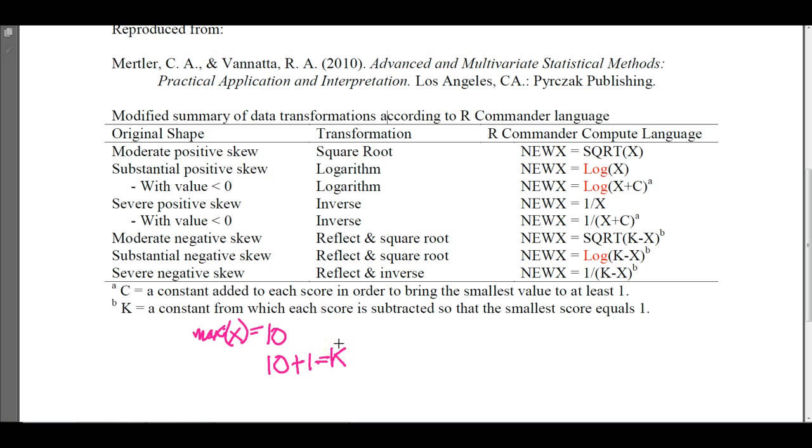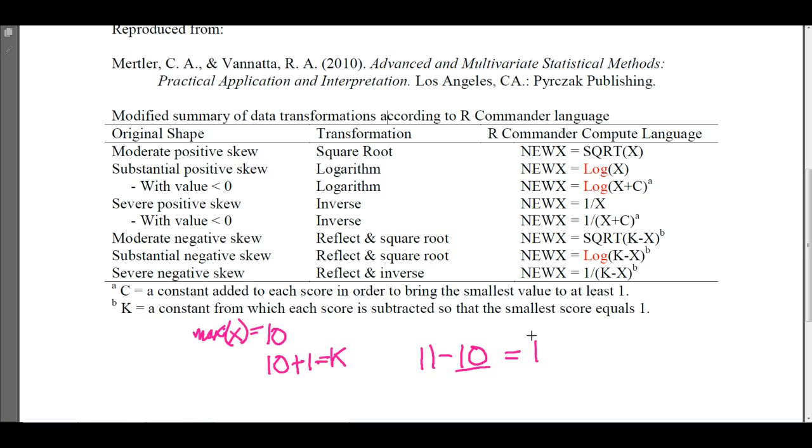So basically, it's a constant from which each score is subtracted so that the smallest score equals 1. That would mean that this new k of 11 minus 10, because 10 is the max score, would then give you 1.